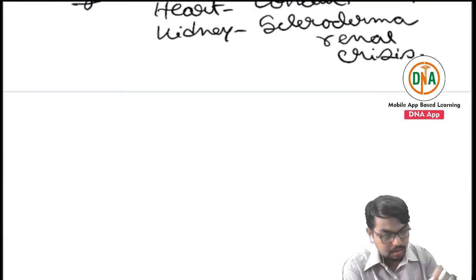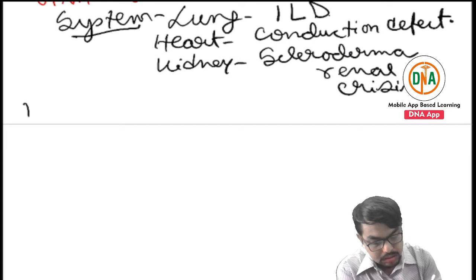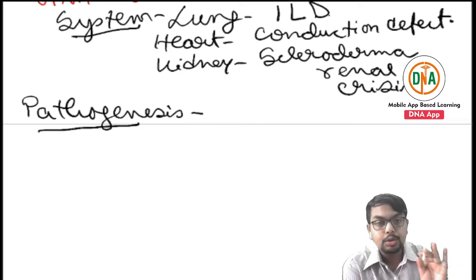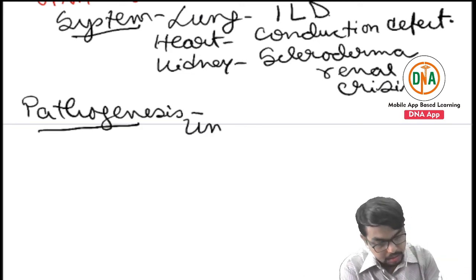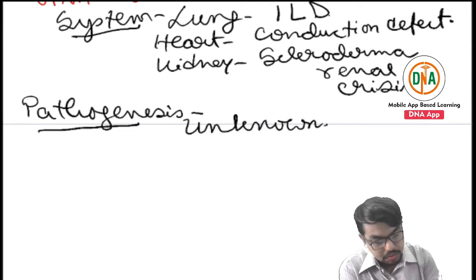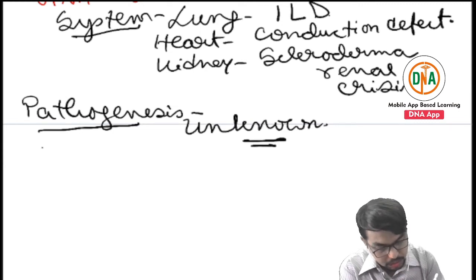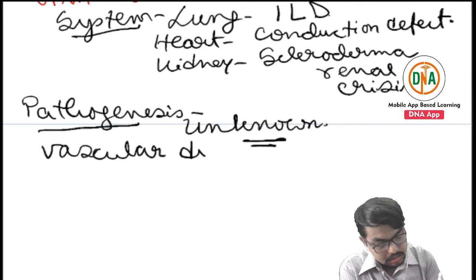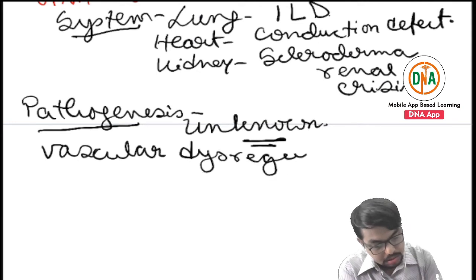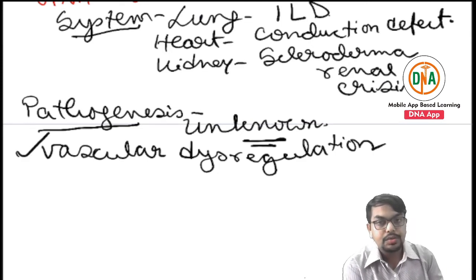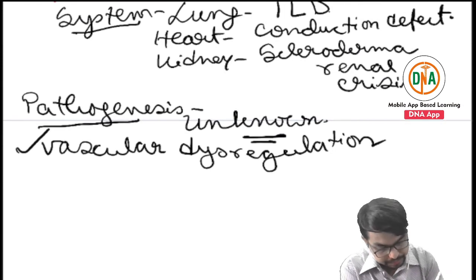Now pathogenesis, just a brief comment. Pathogenesis is unknown. Whenever the pathogenesis is unknown, you will get various hypotheses. What are those? One is vascular dysregulation, hence we get vasoconstriction on cold exposure.